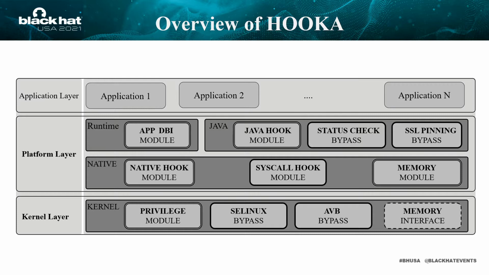The OS has built-in functions such as a backdoor for privilege escalation, SELinux bypass, Android Verified Boot bypass, and a kernel memory access driver. I don't think I can cover all of these today due to limited time. So in this session, I will focus on presenting how I customize the runtime for the dynamic analysis of apps.